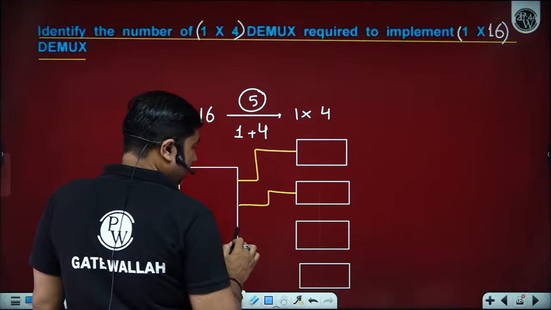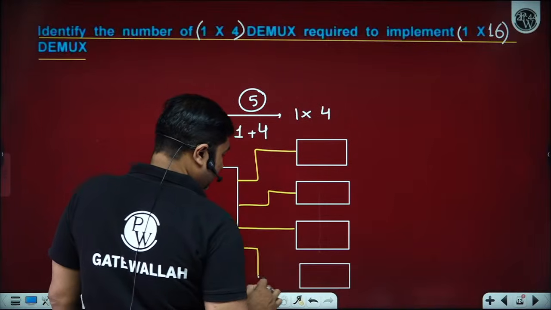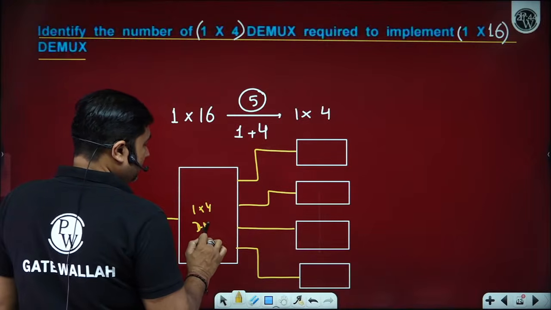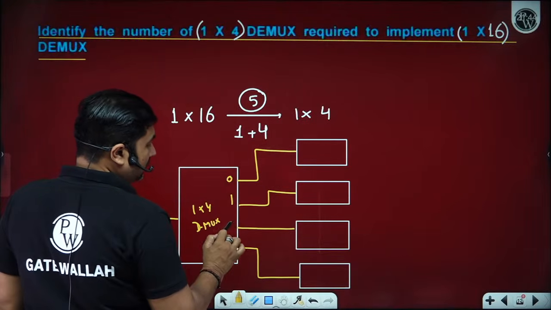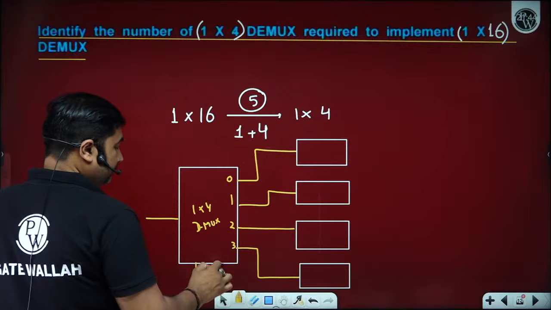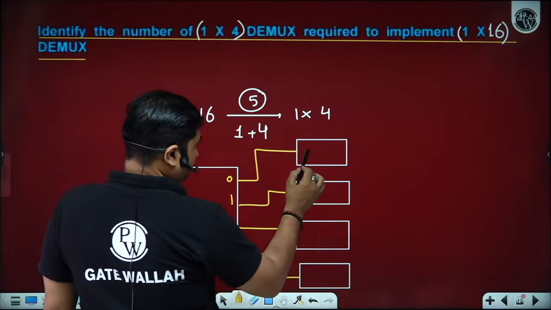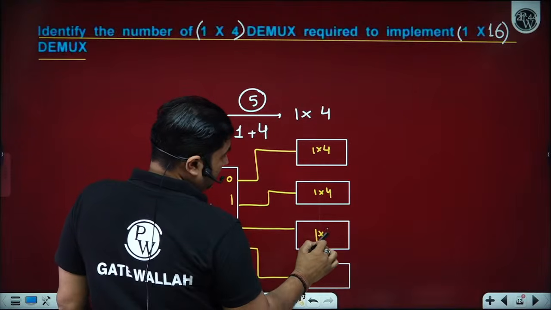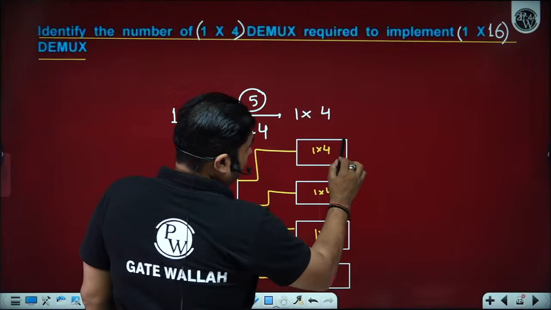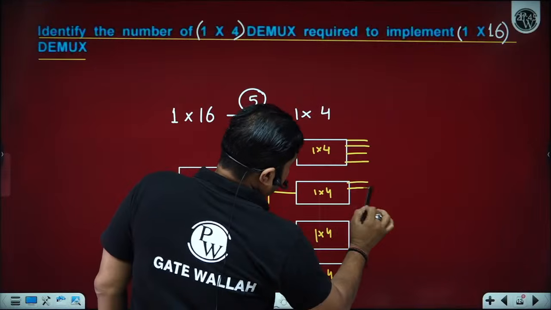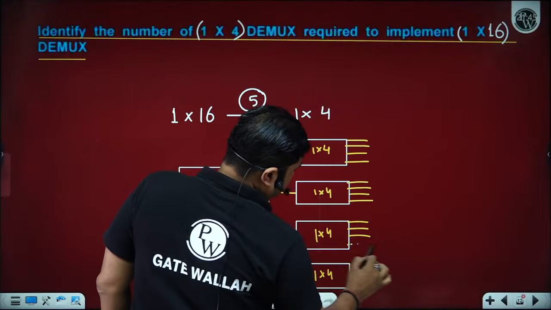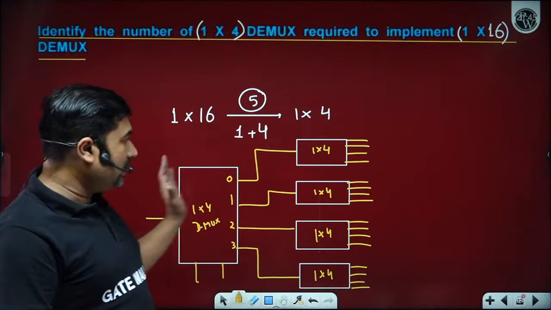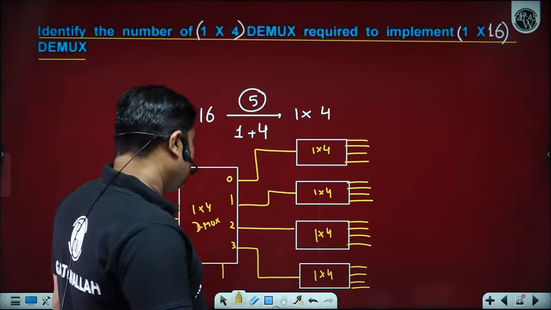Yes, sir. 1 input, 4 outputs. 1 cross 4 demux, standard representation 0, 1, 2, 3. 1 input, 4 outputs. And each of the four demuxes has 4 outputs. So actually the circuit will become 1 to 16. Is it okay? Yes, sir.